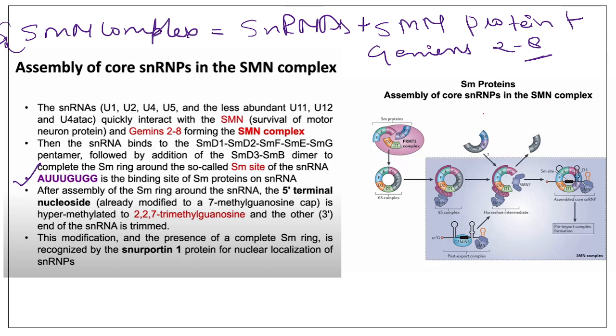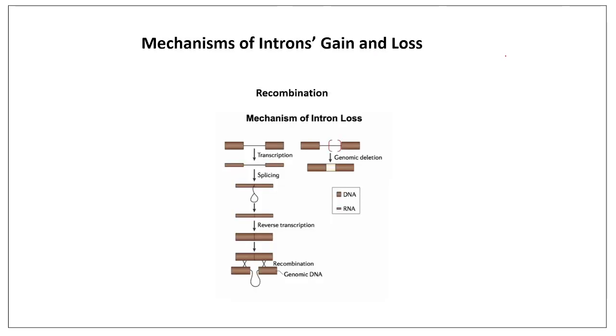All the different components of the SMN complex form a helical structure, and then they play several roles in splicing. You just have to understand that SMN proteins are involved in mRNA processing, and the SMN complex comprises snRNAs, SMN proteins, and gemins 2 to 8.